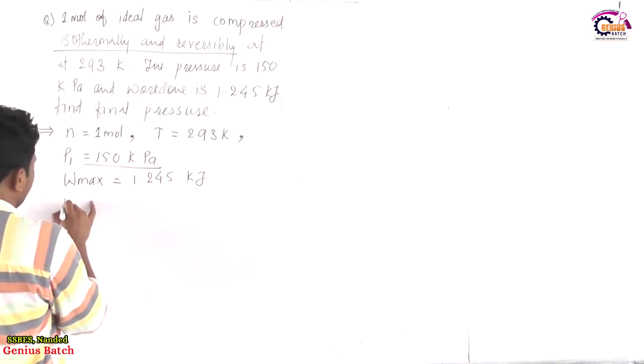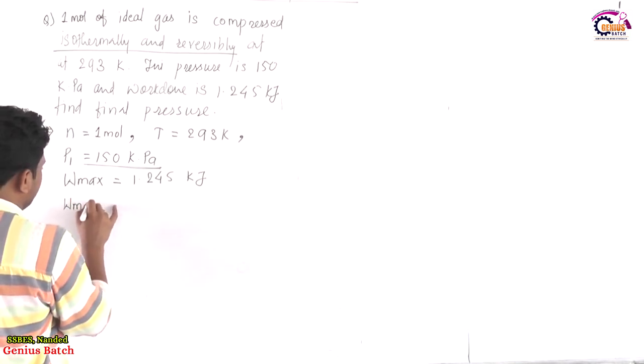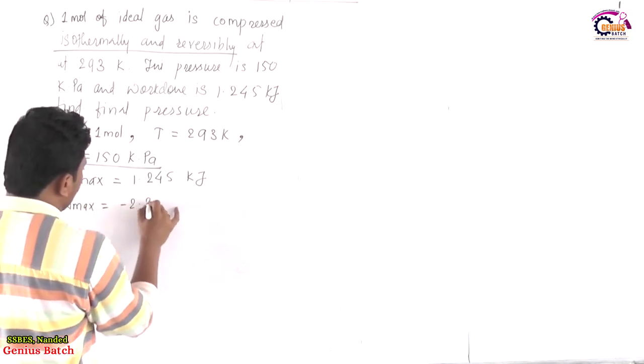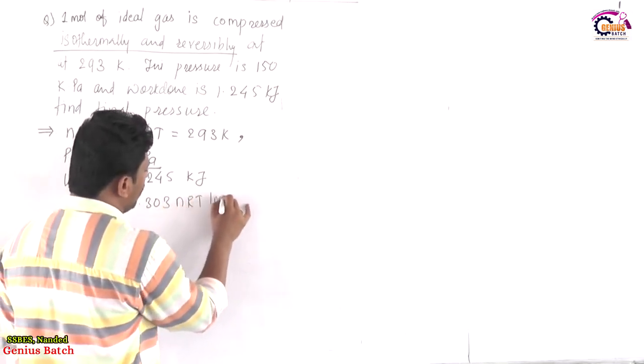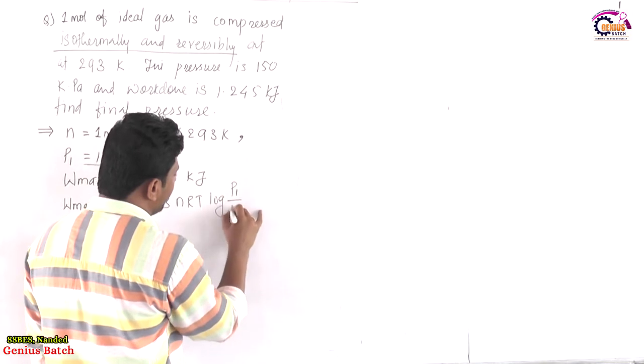नाव रिक्वायर्ड इक्वेशन वी हॅव इज W max equal to minus 2.303 nRT log P1 by P2.